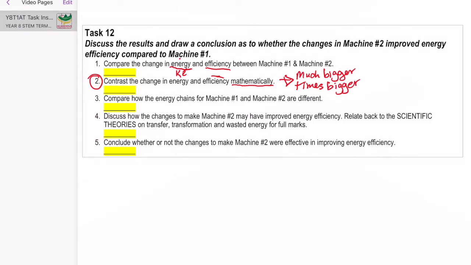Now number 4, discuss how these changes might have improved energy efficiency. Relate back to scientific theory. Now this is really important because it shows me whether or not you're using your heads or not. What did the change do to help make the machine more efficient? I'm talking to me about energy efficiency, how much your machine has improved, and you must be trying to explain it to me in terms of scientific theory.